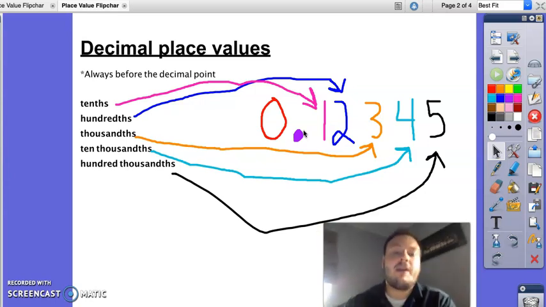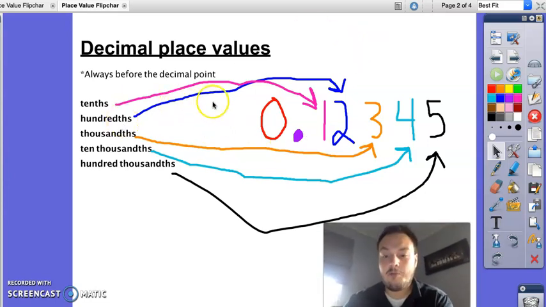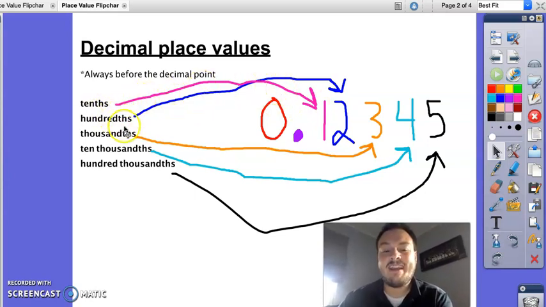Following that, I've got some arrows drawn to help you understand where these numbers are in relative positions. Starting with the first one, which we're going to cover, the tenths. The tenths is always to the right of the decimal, and you will notice that all of these numbers end in THS, and that can be an indicator for helping us remember how to spell these numbers and recognize them.